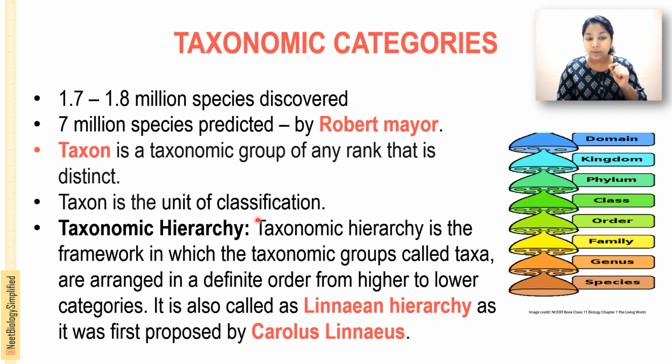What is meant by taxonomic hierarchy? As a definition, it is a framework in which taxonomic groups called taxa are arranged in a definite order, from higher to lower categories.